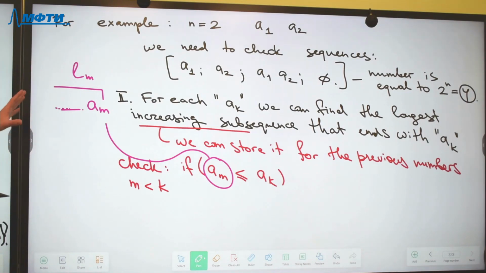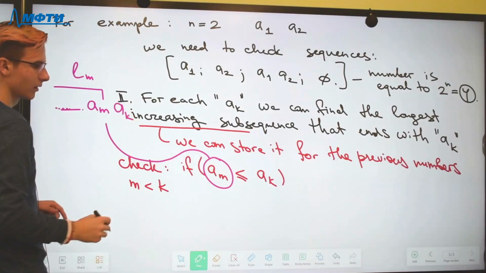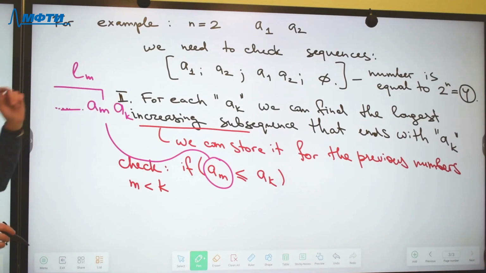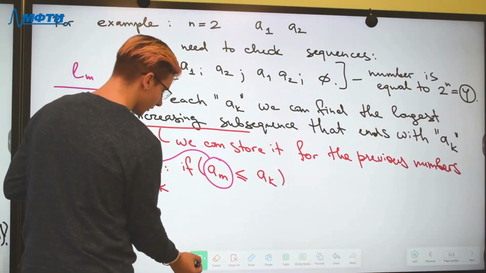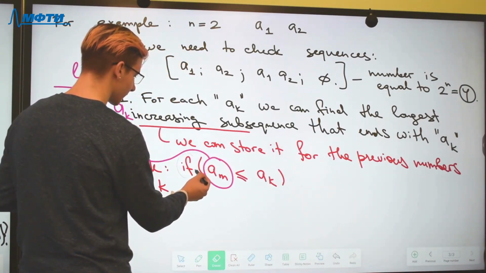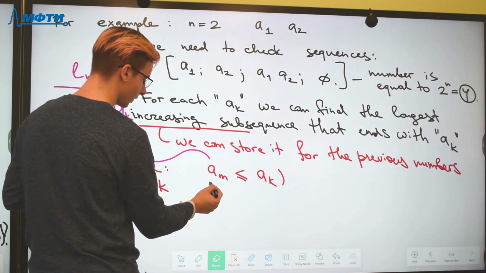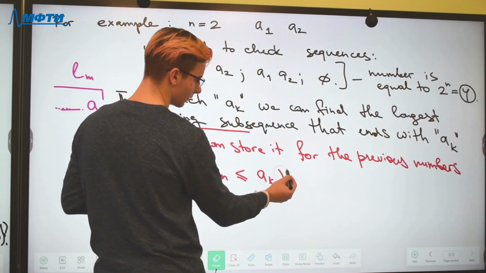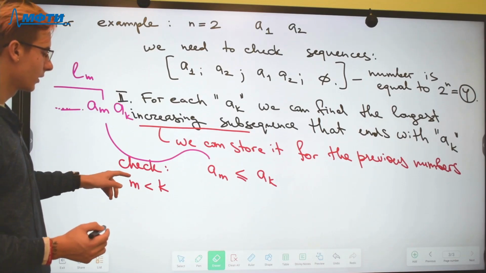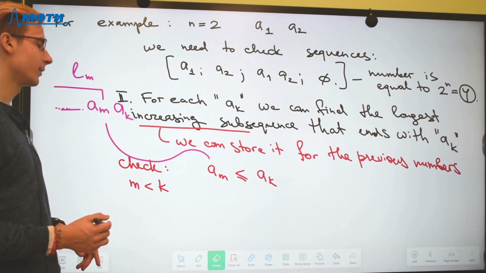So we can add Ak to this subsequence because of this inequality and increase this subsequence. I can erase this if. So here, Lk is equal to Lm plus 1. No, it can be bigger than m, but not equal to m plus 1.